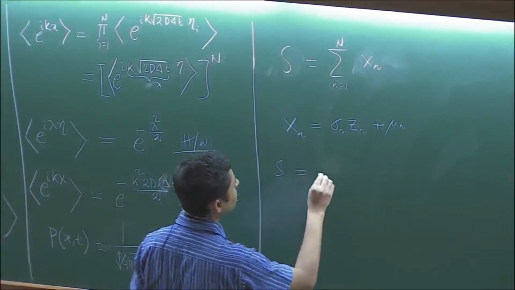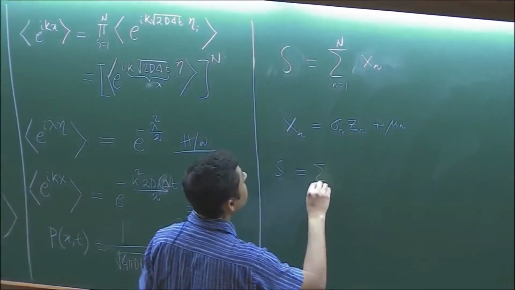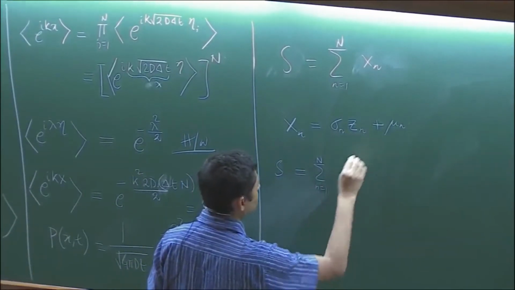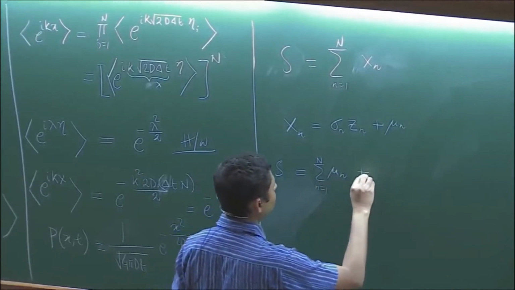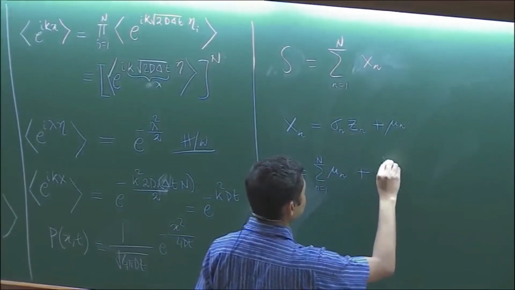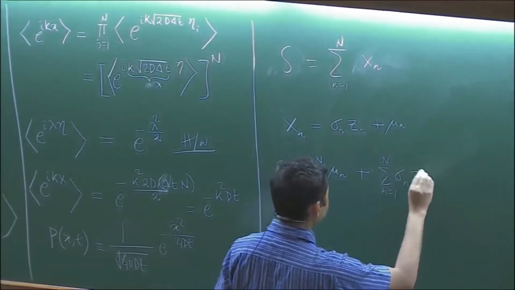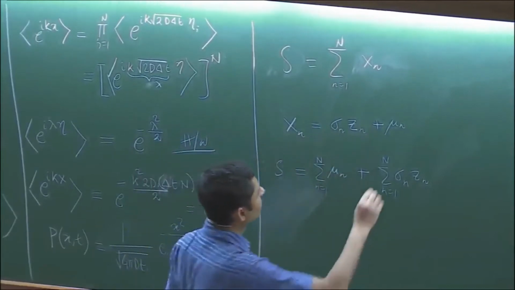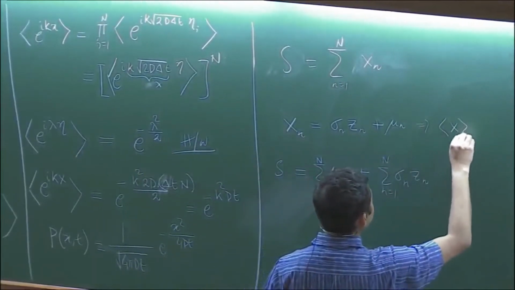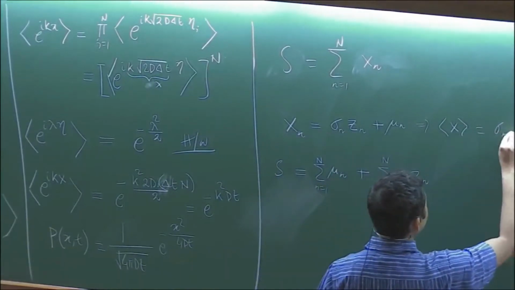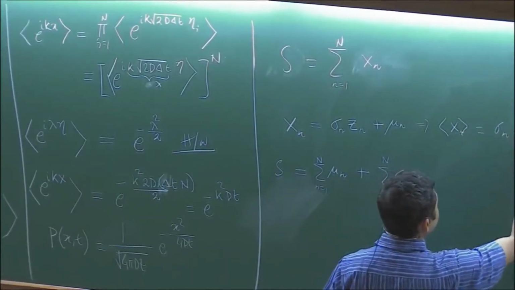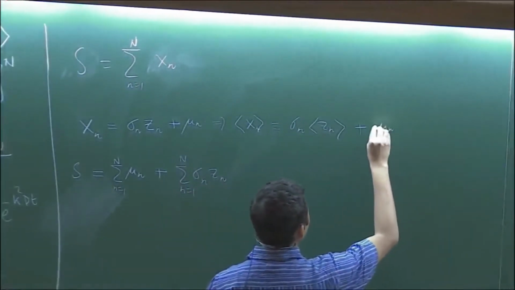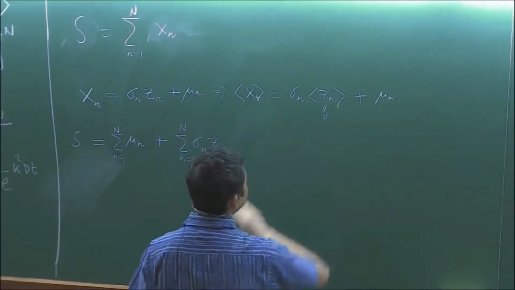So then what is this Sn? S is just the sum of sigma n Zn plus the sum of mu n. This is the mean of S, because I scaled it out such that xn is equal to sigma n Zn plus mu n, where the mean of Zn is equal to 0.